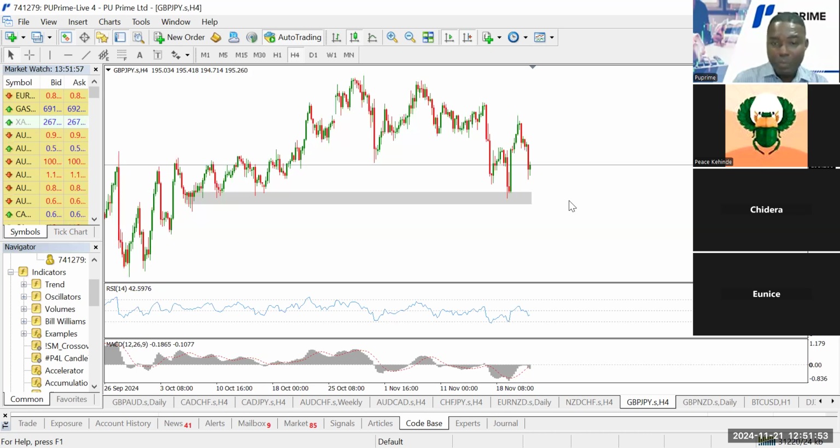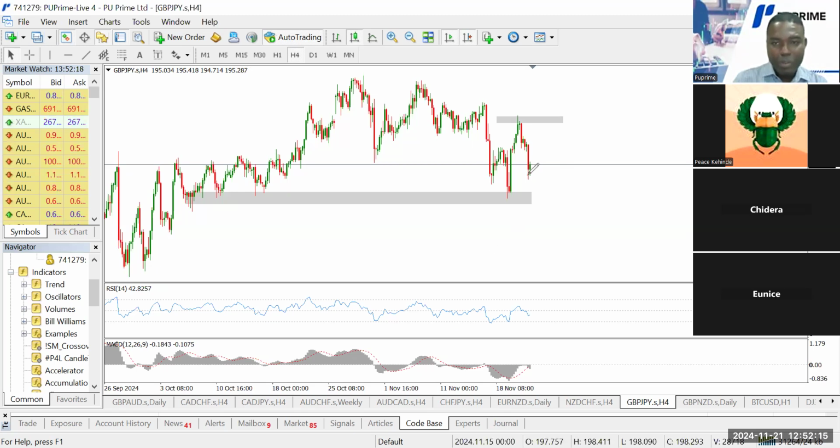All right, from my own perspective, we have a support zone, and what I'm seeing is a pattern that is looking like it's trying to form an inverse head and shoulders, which may lead to a bullish breakout. But then, if you have to take a trade at all on GBP/JPY, since it's a 4-hour setup, we need to respect that.